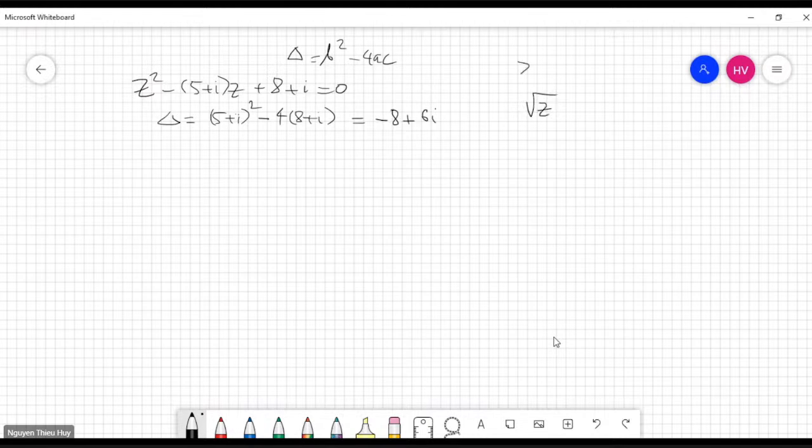The square root of z, for z equal x plus iy, is plus or minus, because we know that the square root always contains opposite values: square root of 1/2 modulus of z plus x, plus sign of y, multiplied by i, and then multiplied by square root of 1/2 modulus of z minus x, something like this.